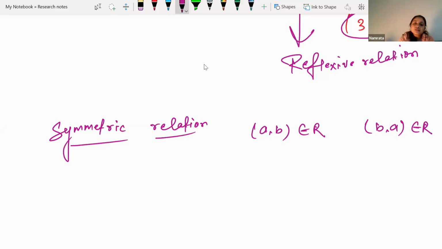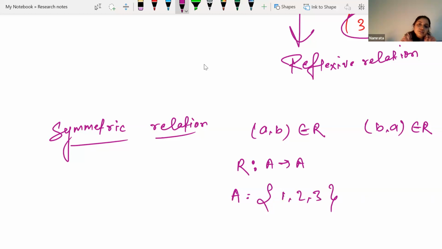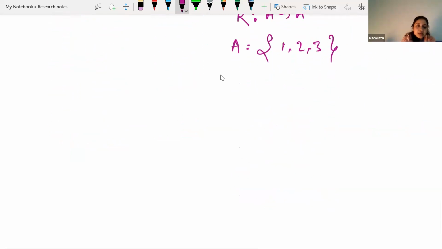Now for an example, let's say we have a relation R defined on set A to A, where the elements of A are again 1, 2, 3, and I am taking three examples, R1, R2, R3.